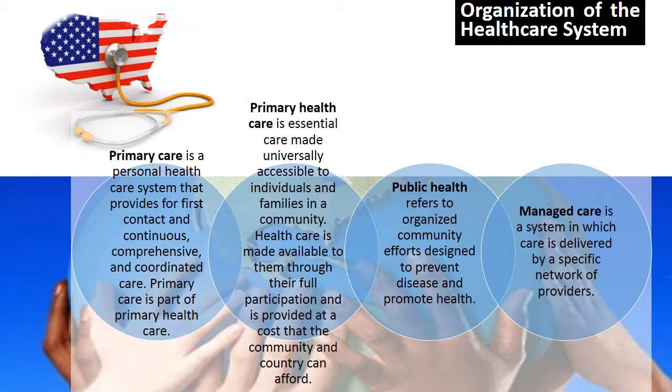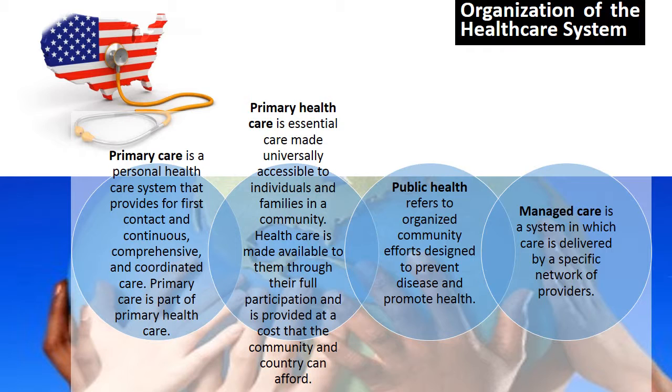Healthcare is made available to them through their full participation and is provided at a cost that the community and country can afford. Okay? Public health care is different from primary health care. It refers to the organized community efforts designed to prevent disease and promote health. So the U.S. health system is an overlap between primary health care or personal care and public health care.